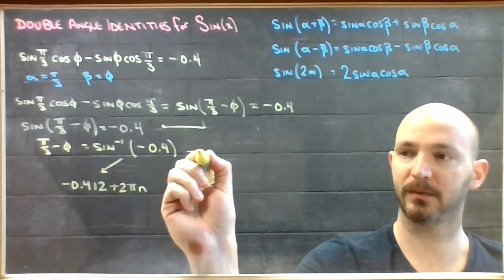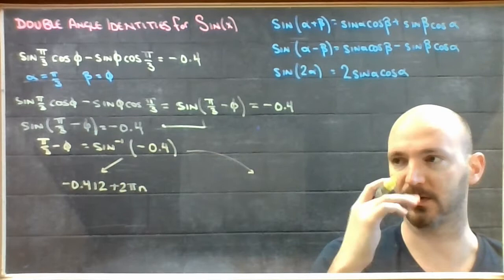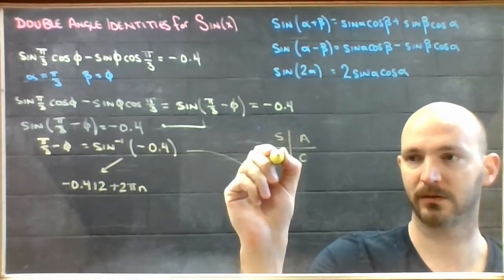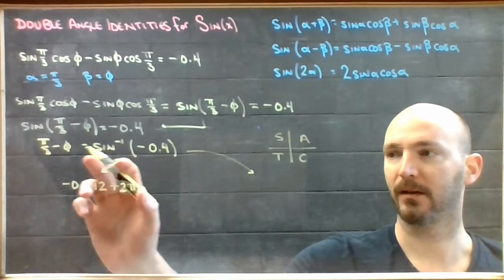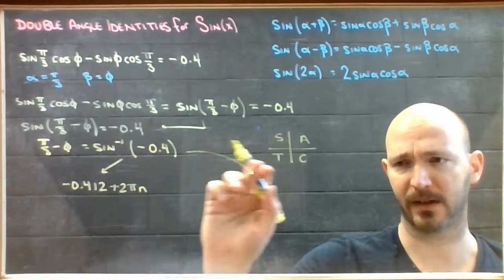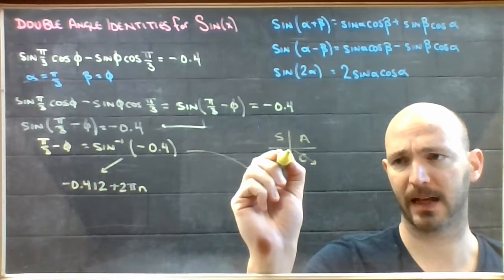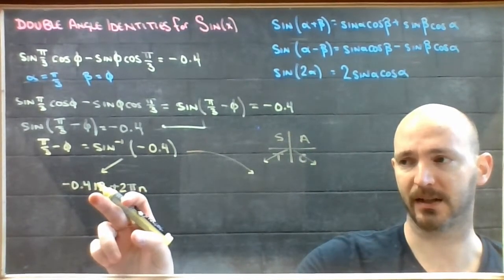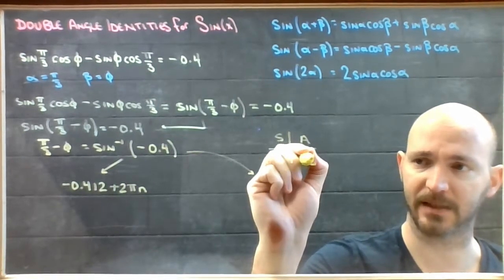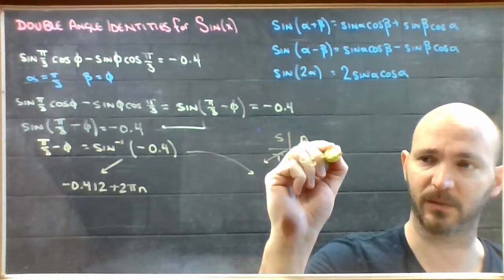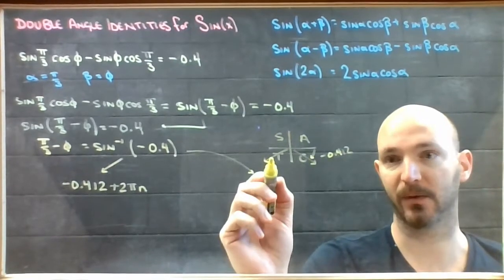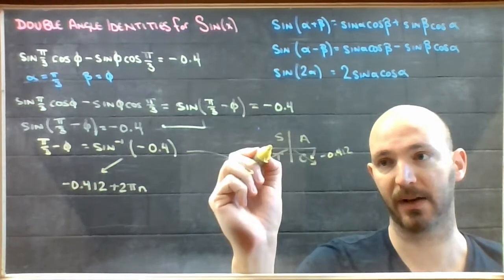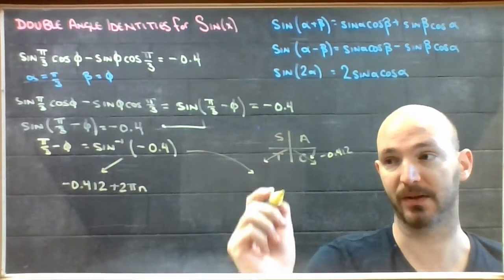Or, if I'm going to do the second solution, using the CAST rule, sine ratios are negative down here and over here. And I just got negative 0.412. Well, that's this one. So I need to get over here. The way I'm going to do that is to go pi radians plus 0.412.